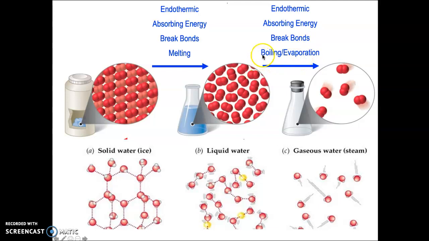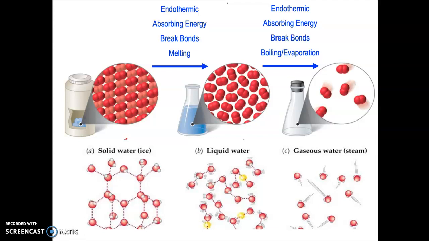This applies to both boiling and evaporation, because don't forget, evaporation is liquid water going to a gas. For example, water puddles outside in the sun: you've got liquid water in the puddle, and as the particles absorb energy, they turn to gaseous particles and hence evaporate, and the puddles are gone.